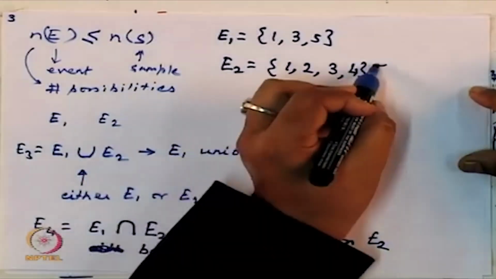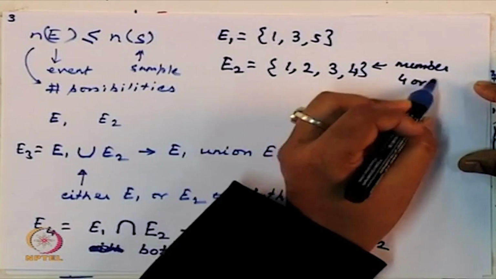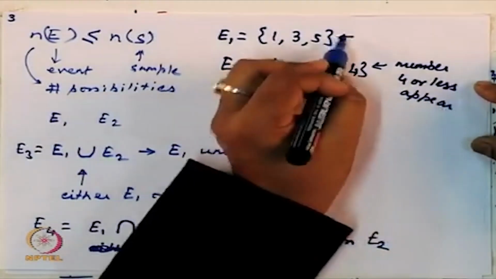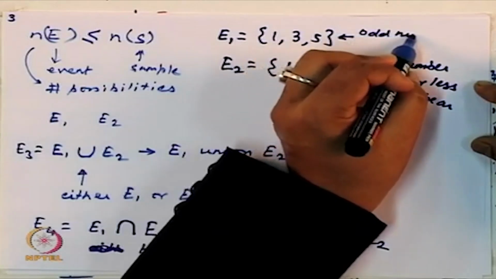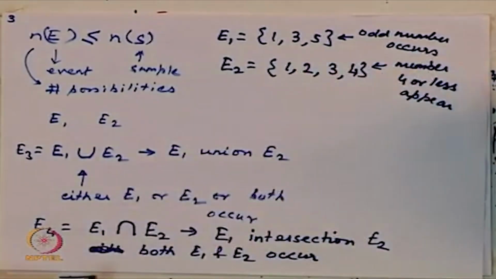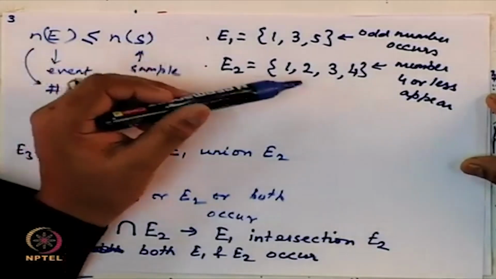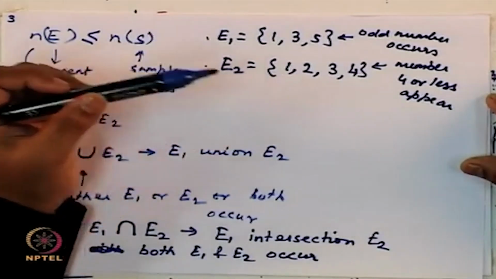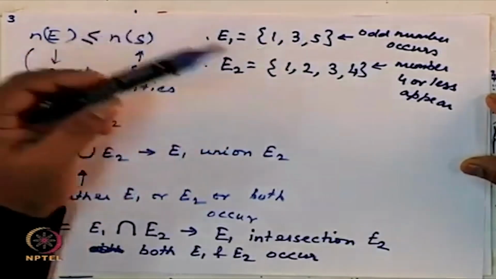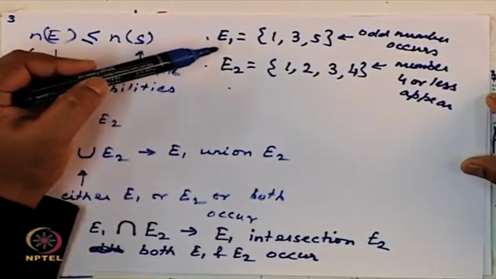So basically numbers 4 or less occur in E2, and odd numbers occur in E1. You see there are a few entries common to E1 and E2, like 1 and 3. There are other entries present in E1, like 5, which does not appear in E2, and vice versa. Similarly, the numbers 2 and 4 appear in E2 but not in E1.